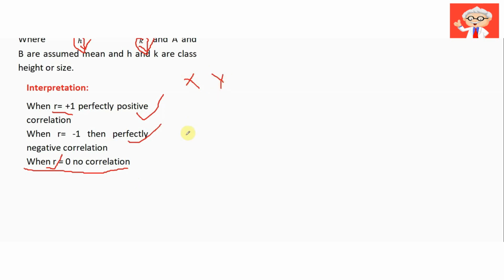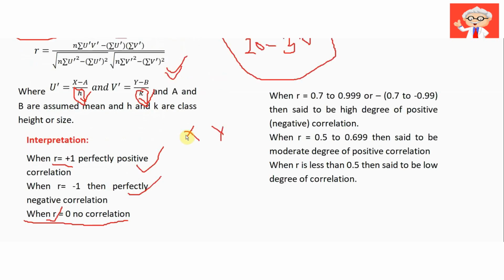But during interpretation we can also use other values. These three were the first basic interpreting values, but we can also use other values like this.